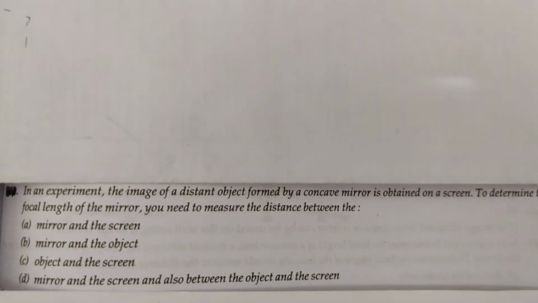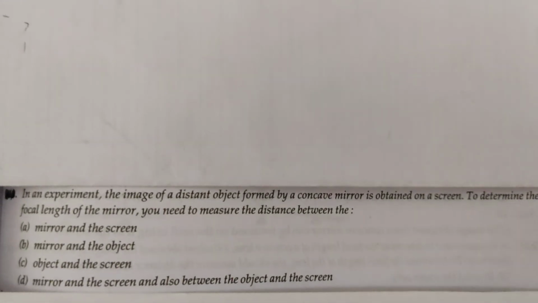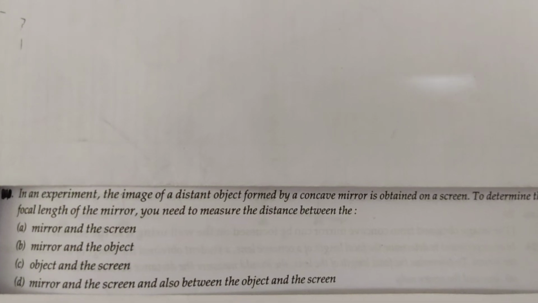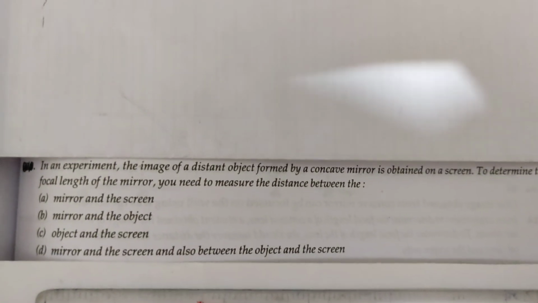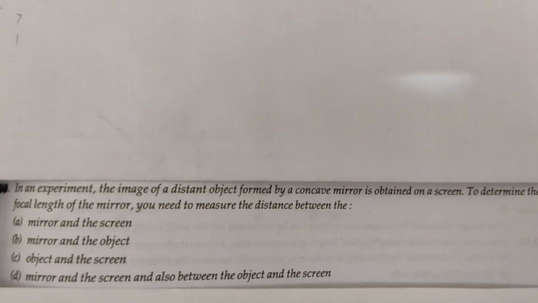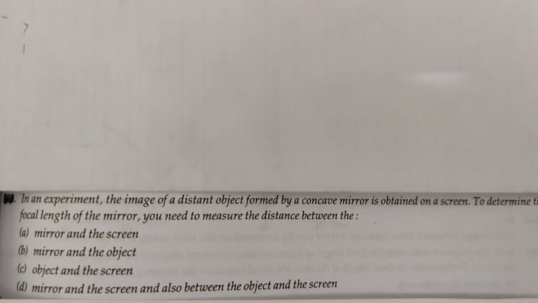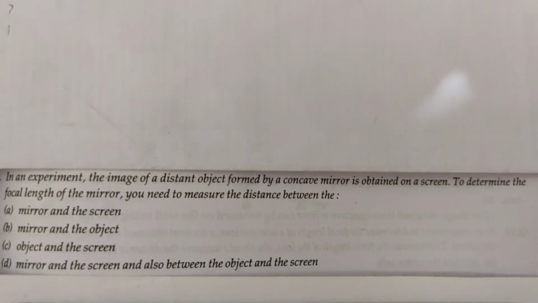In that case, image is formed at focus, and it is now focused on a screen. So obviously, distance between mirror and the screen will be same as the distance between the mirror and the image. It will be same as the distance between the mirror and the focus. So to measure focal length, we need to measure the distance between the mirror and the screen.